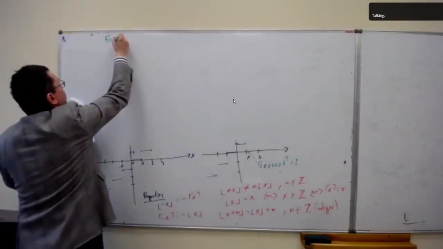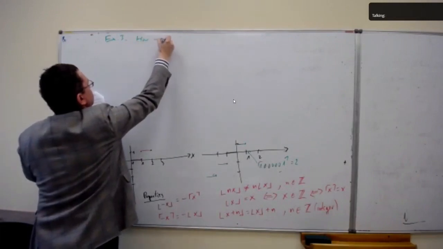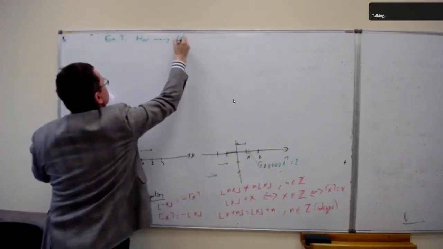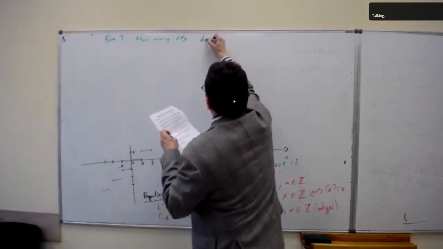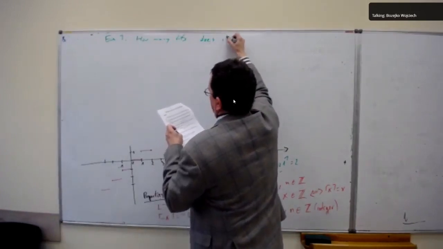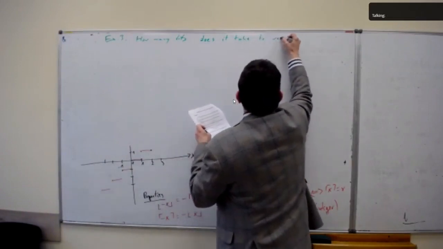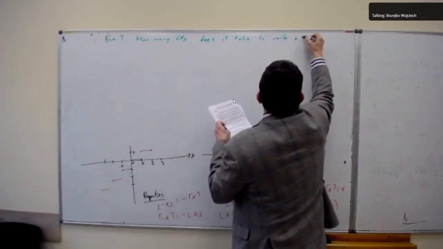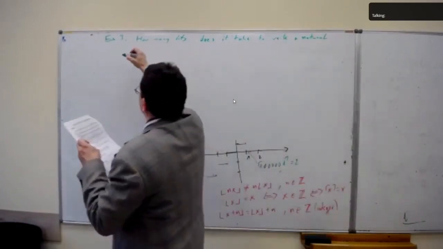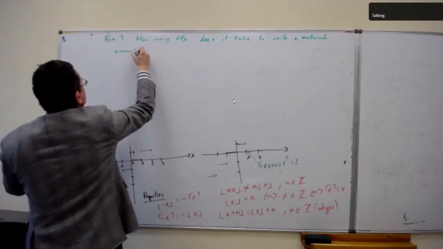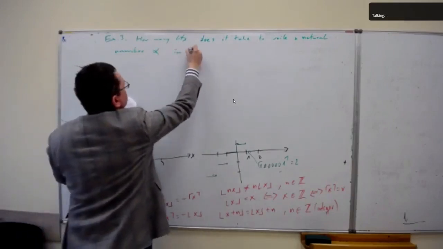Example 3. How many bits does it take to write a natural number alpha in binary form?